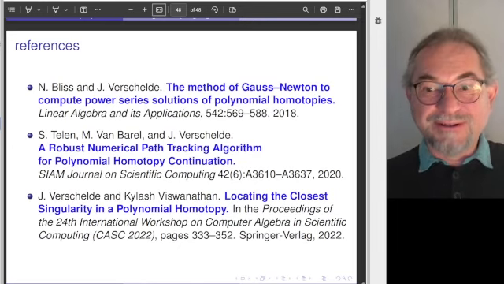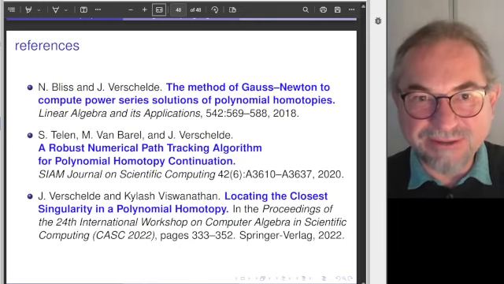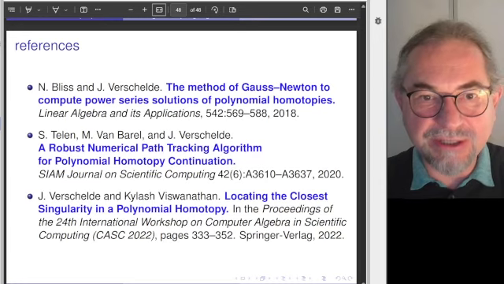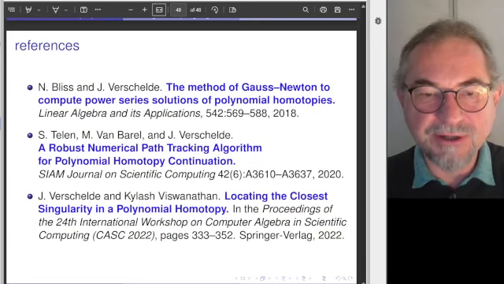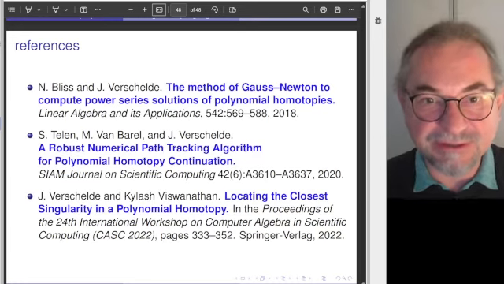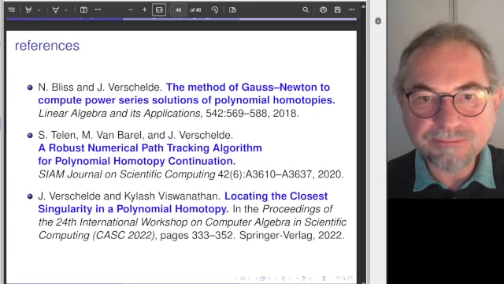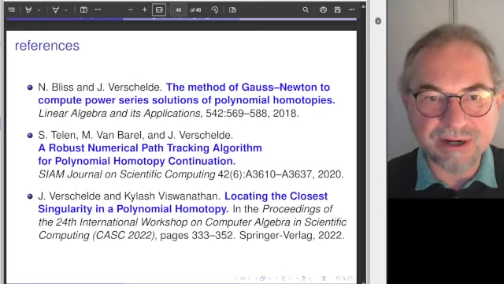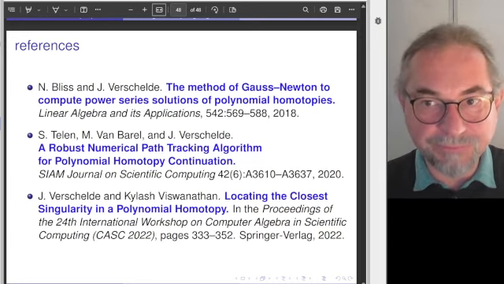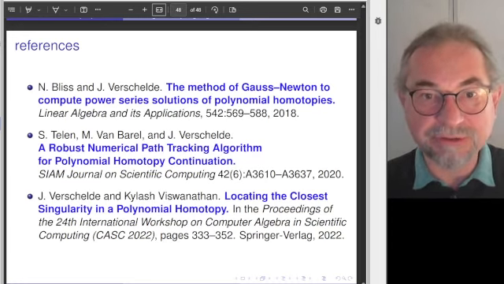So I'm 1 hour in, so that's way over time. So there are 3 relevant papers. I would suggest starting with the middle paper. That's the one that is published in SciAm. The other 2 papers, the first one discusses the linearization.